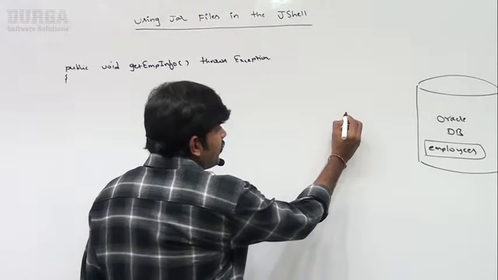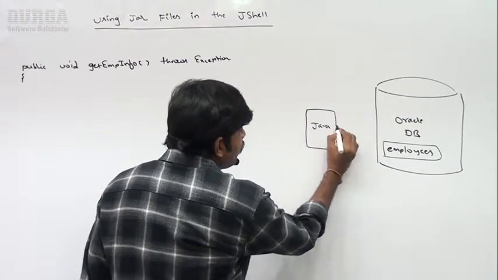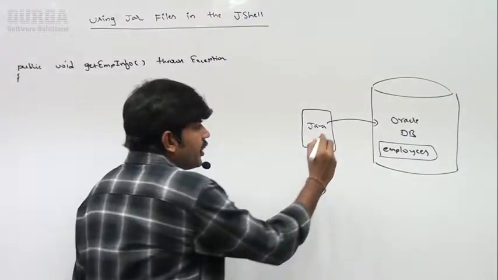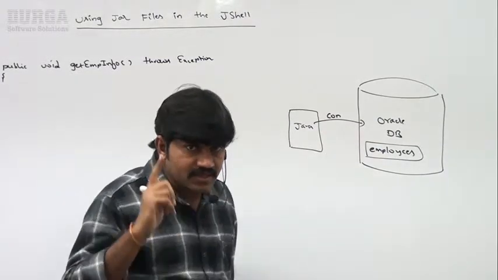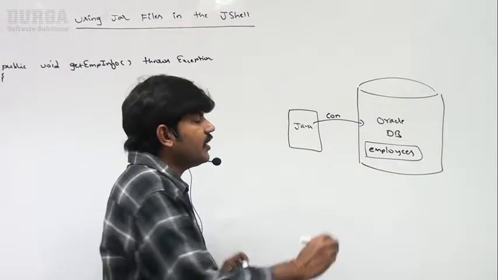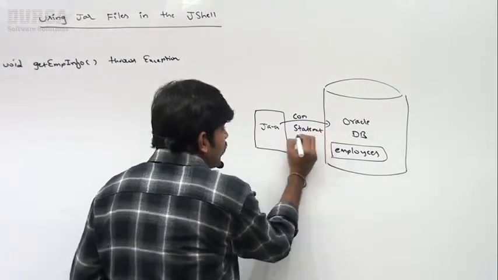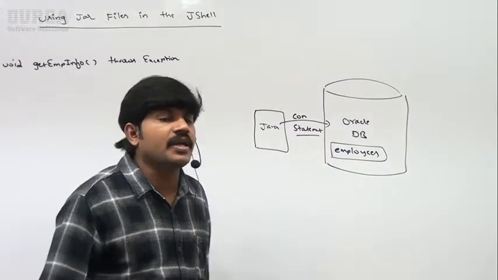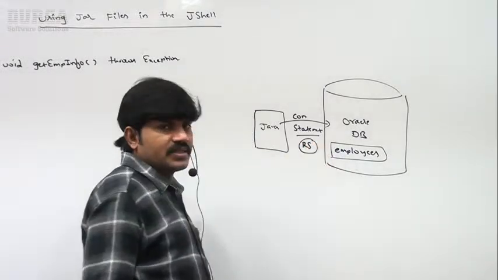This is my Java program. From Java, if you want to connect with the database, the first step is to create a connection object. Once a connection object is ready, to send your SQL query you require a statement object. Once you execute your query, you will get a result set. From the result set, you can access the data.